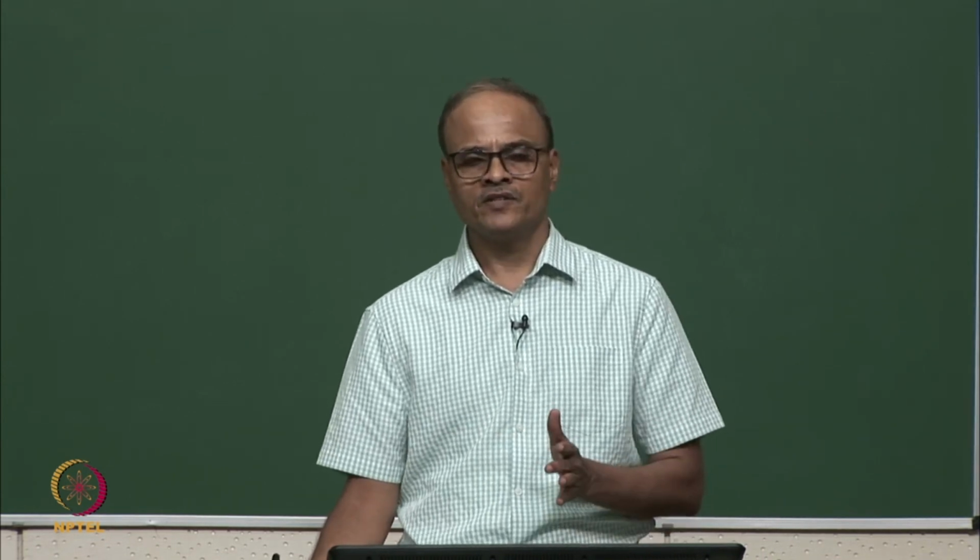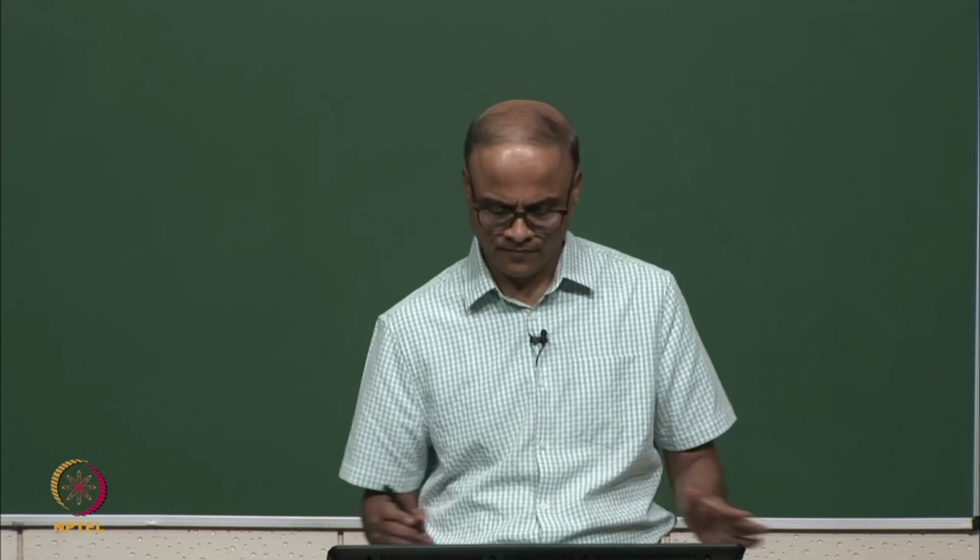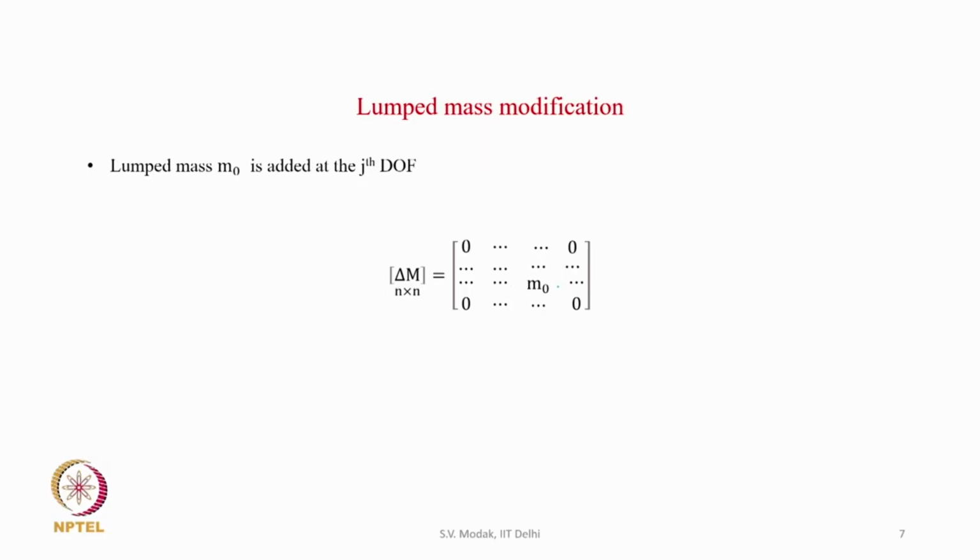So, this delta m matrix is essentially a matrix of all zeros except the element at the intersection of the jth row and jth column. So, you can see this is the jth row and this is the jth column. This element is non-zero and it is equal to the lump mass that was added.